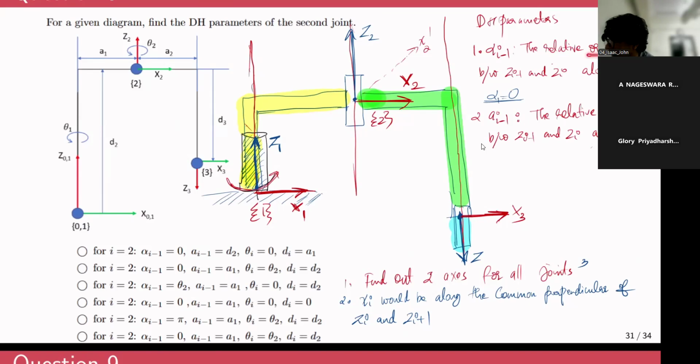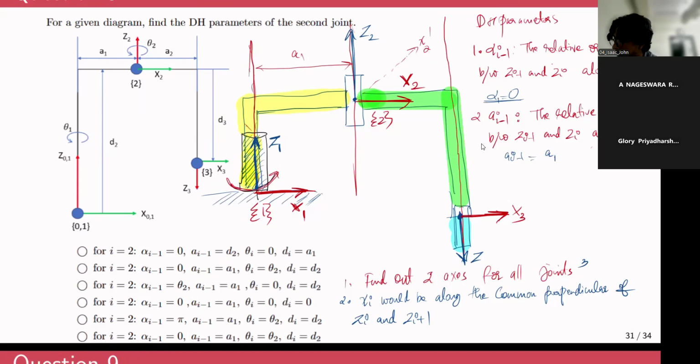Earlier it was relative orientation, now it's relative position. So what is the relative position between z1 and z2 along x1? That is the question. It's a1. If you consider the length of this yellow portion, the link length, to be a1, then a i minus 1 will be a1.